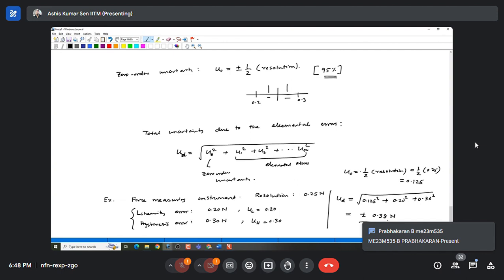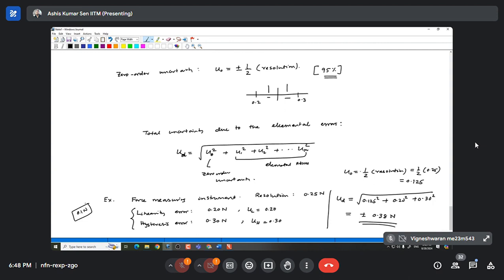So how does this help? You bought an instrument and you found out the design stage uncertainty. Let's say you are supposed to measure force within increment of 0.1 Newton, right? Where you want to measure force with an accuracy of 0.1 Newton.